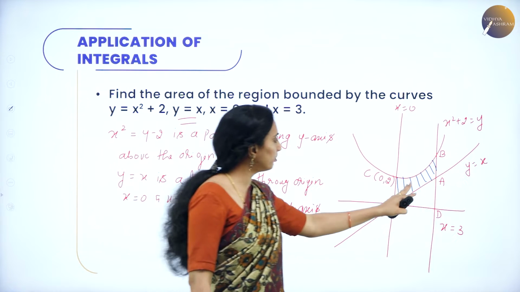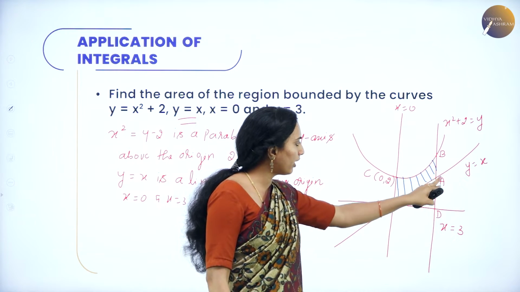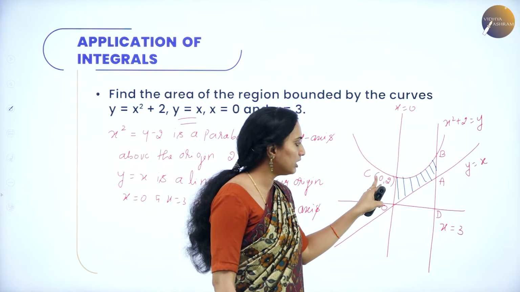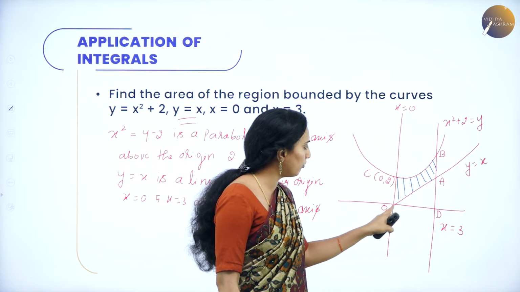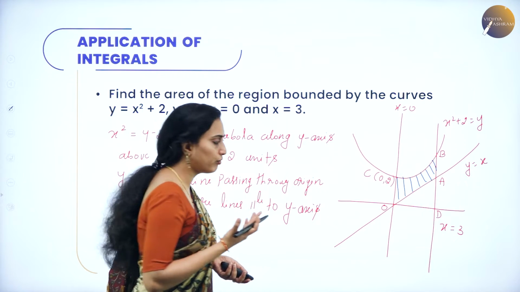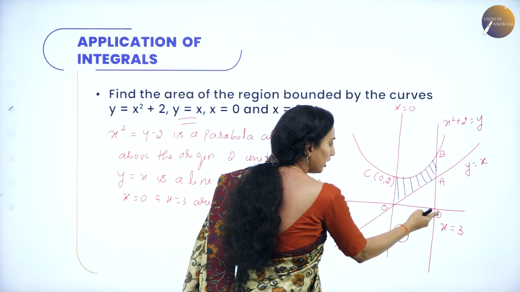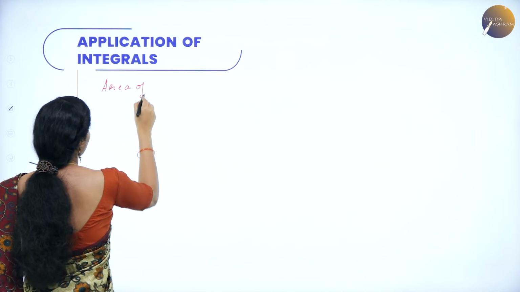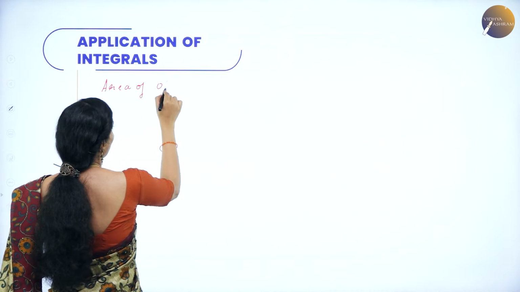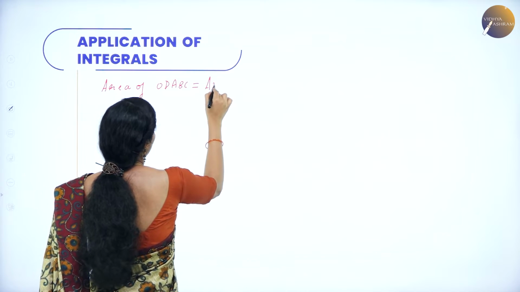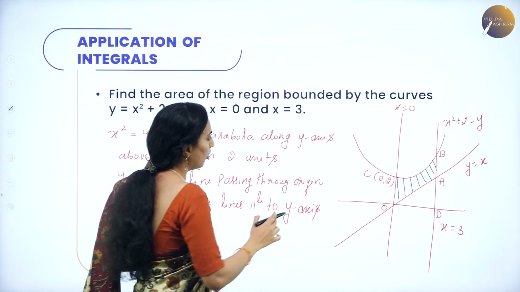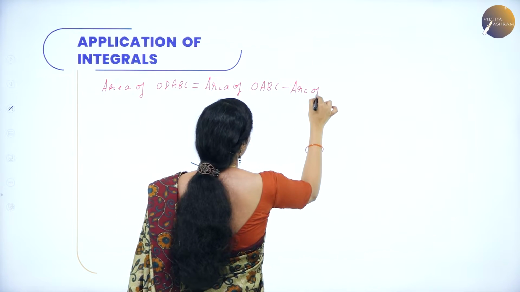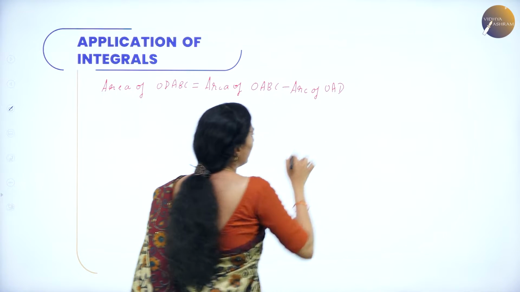Now I want to subtract this area because I want to find only the area of ODBC. So area of ODBC is equal to area of OABC minus area of OAD. I hope you understood from the diagram.